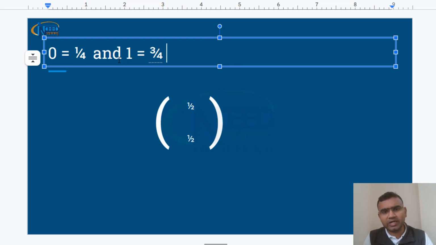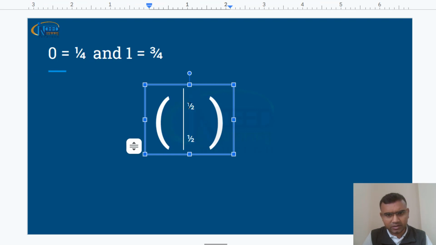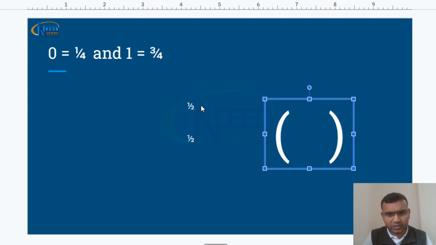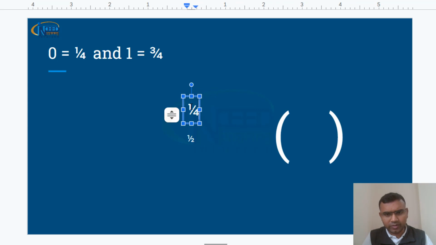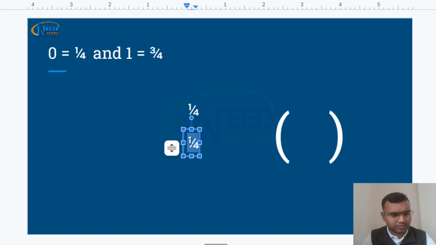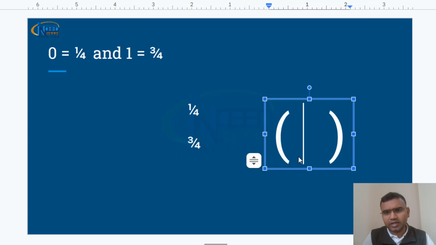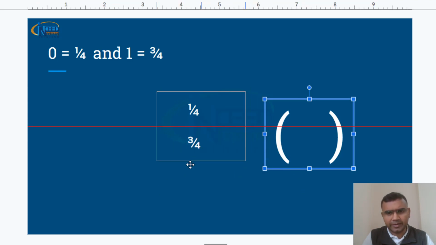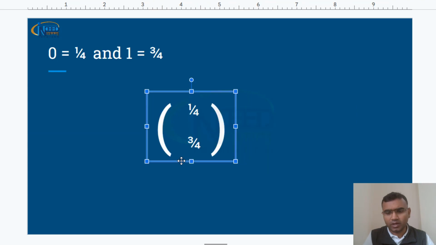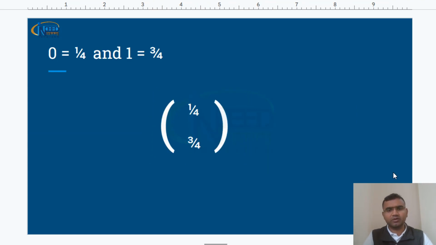So these are the two probabilities we have, 1 by 4 and 3 by 4. So this 1 by 4 will come over here. Let me remove this for some time. So 1 by 4 will be here, and this 3 by 4 will be here. Okay, and then let's bring it back over here. So this is how the probabilities will be there.